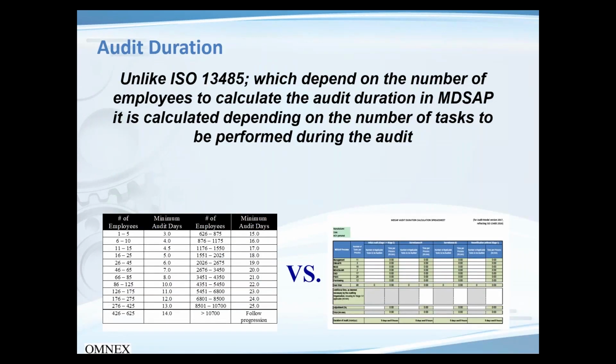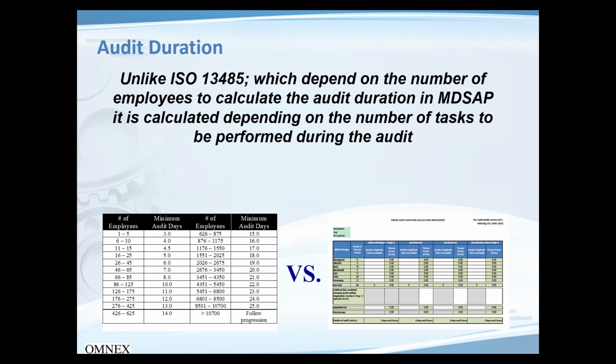What has changed? We used to calculate the number of audit days depending on the number of employees. That is the ISO 13485 and other QMS methods. But here we are using a spreadsheet which depends on the tasks. Each process has a different number of tasks, and each task is allowed a certain time.